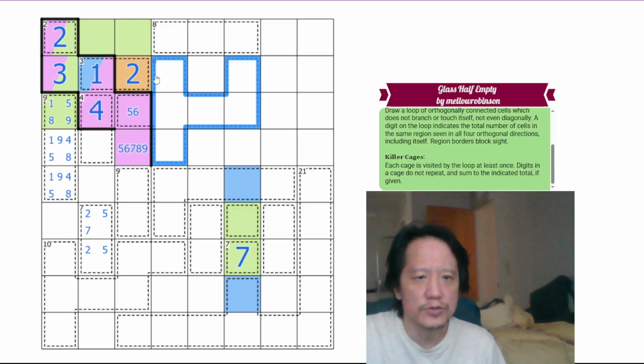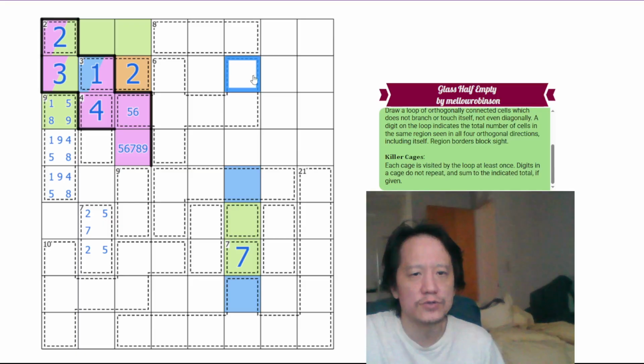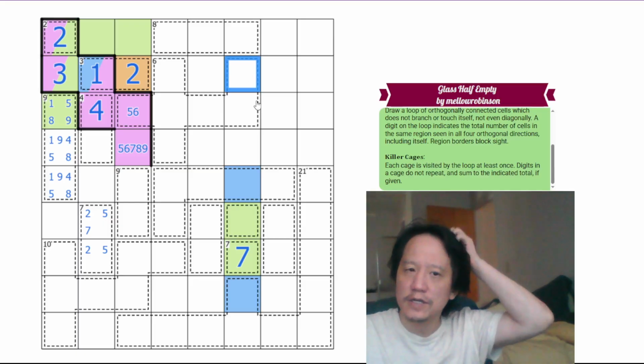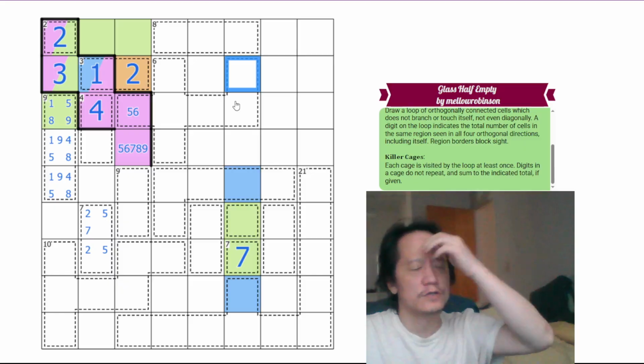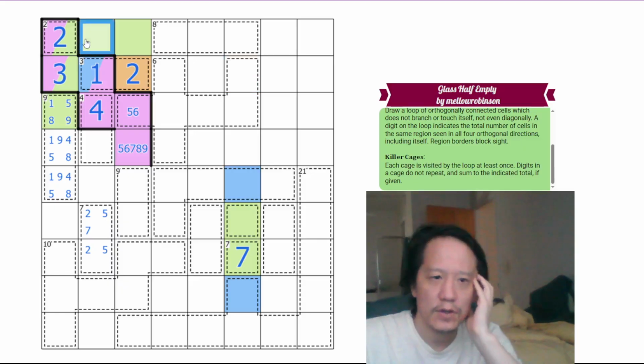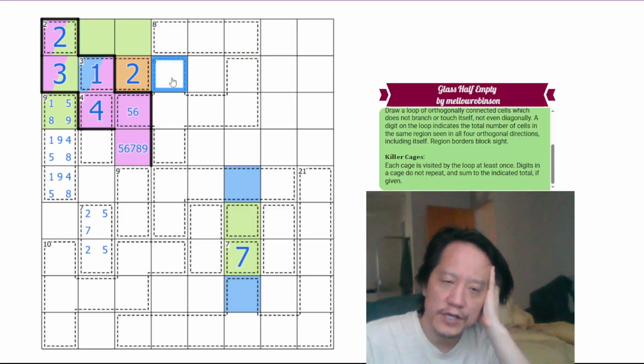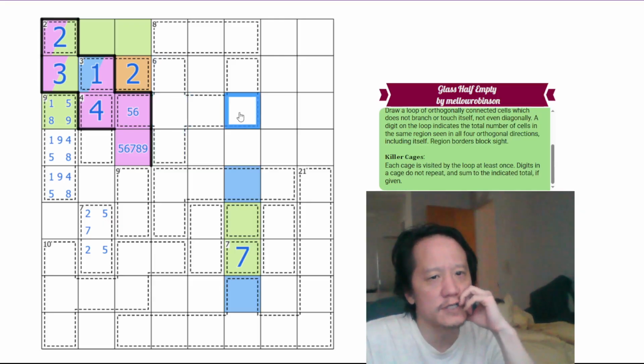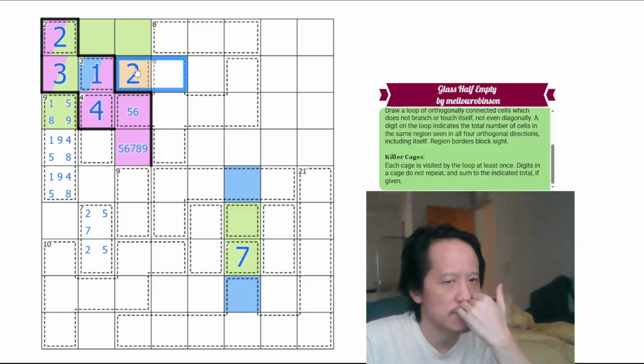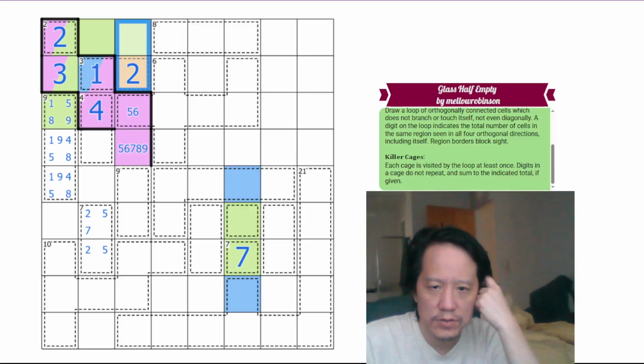Okay, where is this orange going? It can only enter in 1 cell in this cage. And it cannot enter here. So it must enter here.